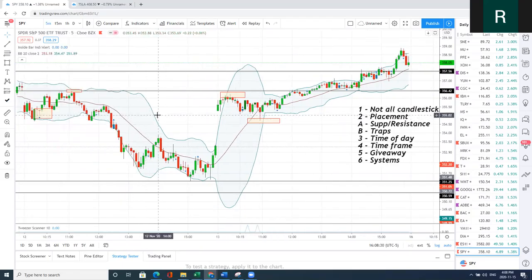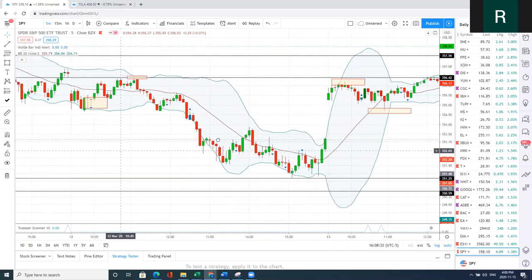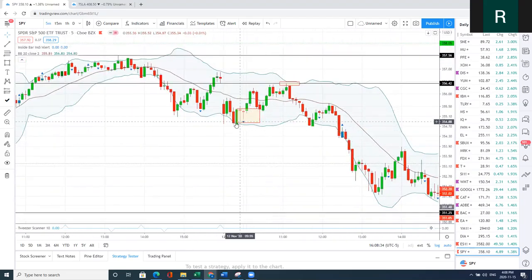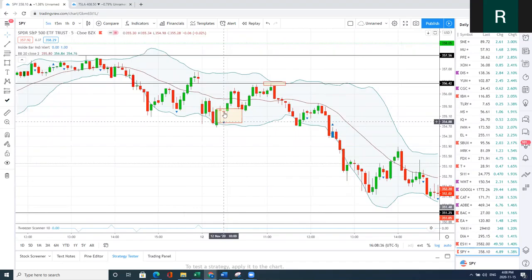Okay, and let's just walk through some more examples now. Here's a great example on the Thursday. We had this inside bar near the low of the day, followed by a hammer wick. So we had a good chance that this candle is at least going to be scalpable up for some profits, and that's why this is a good setup.